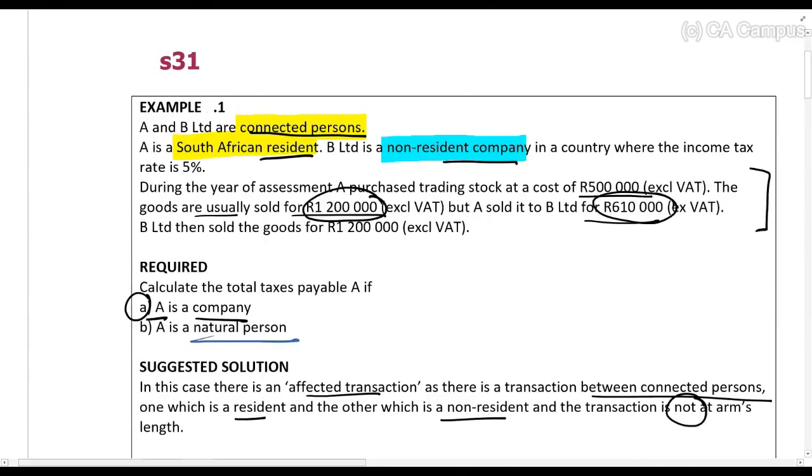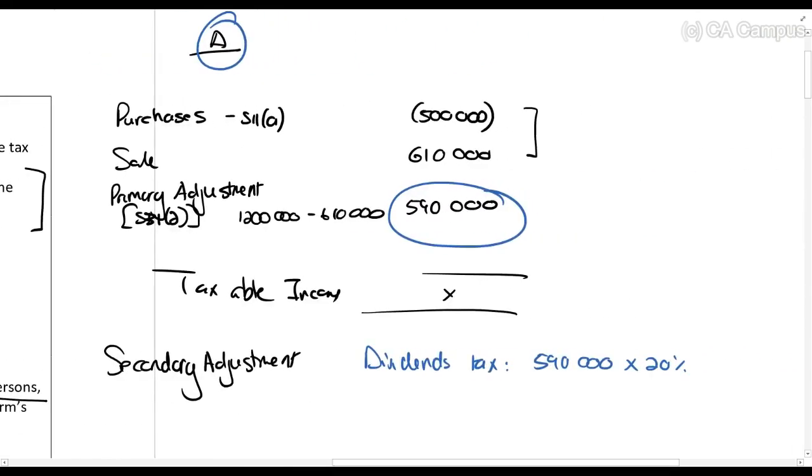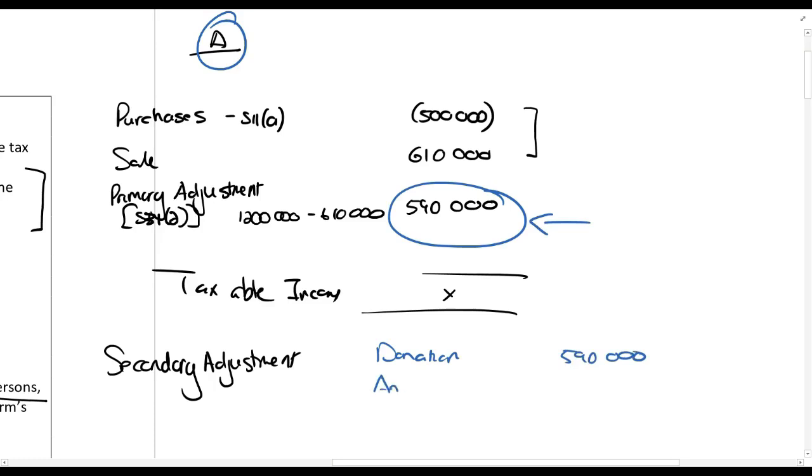If A was not a company but a natural person, then you wouldn't do the dividends tax here, you would have donations tax. It would work as follows. You would say, what is the value of the donation made? 590,000. You will still get your annual exemption of 100,000 rands, or whatever is left.